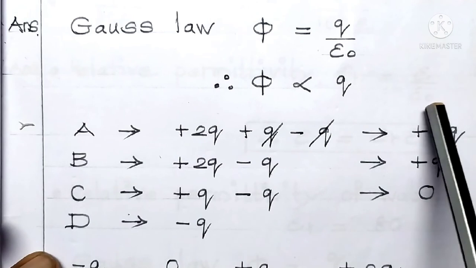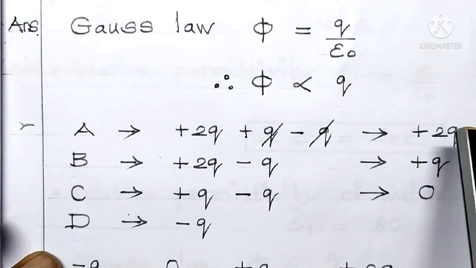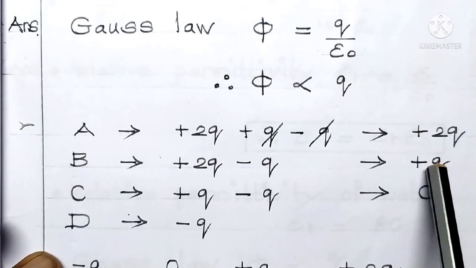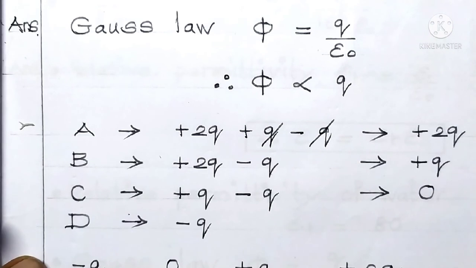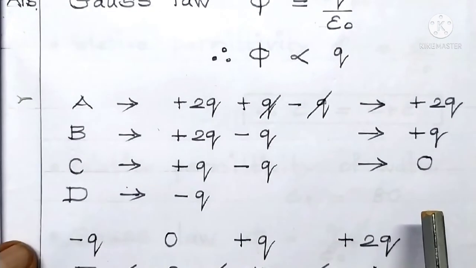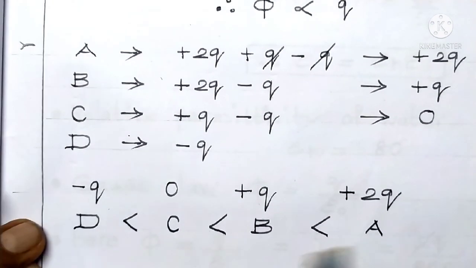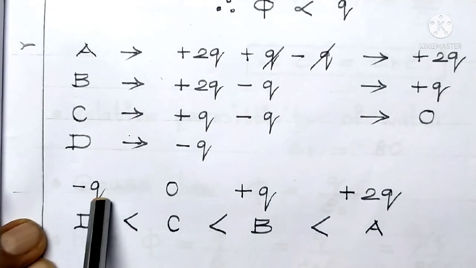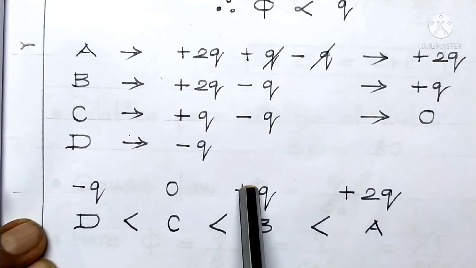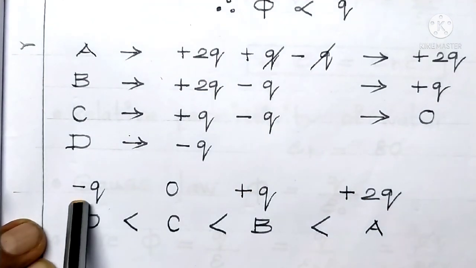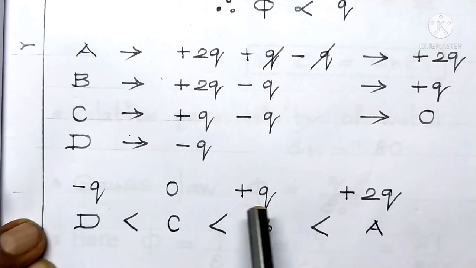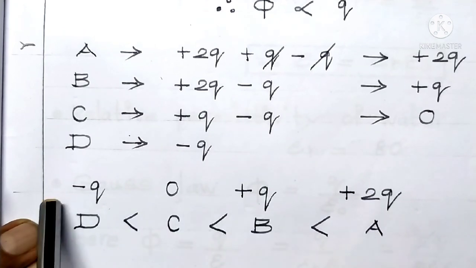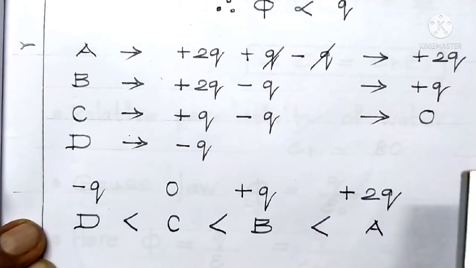Now we need to arrange these charges, plus 2Q, plus Q, 0 and minus Q, in ascending order. That's what I have written over here: minus Q, then 0, then plus Q, then plus 2Q. These are written in the ascending order.